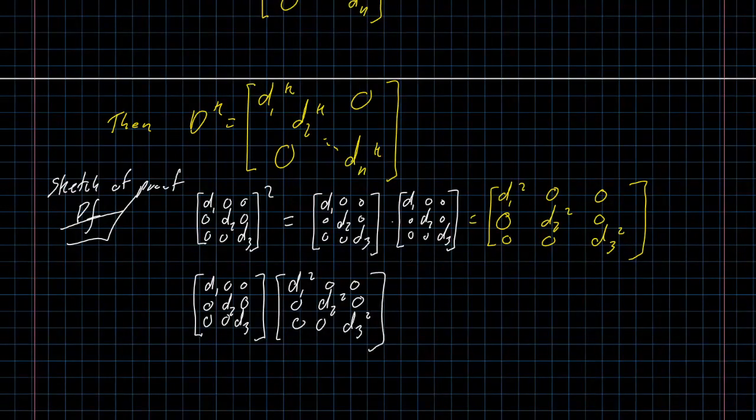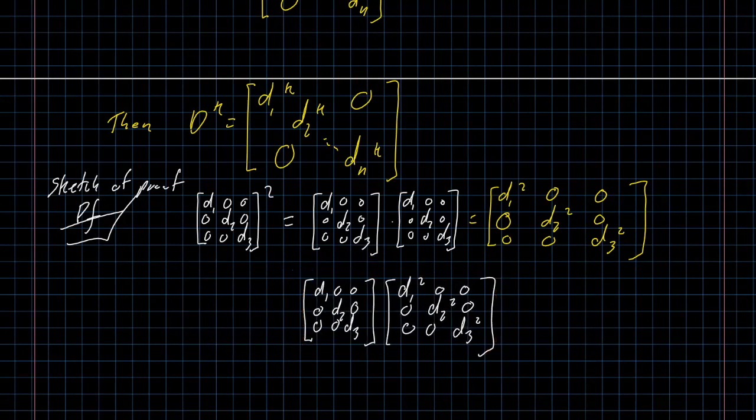And I apologize, I'm getting a little bit ahead of myself. What I want to do next is take the same diagonal matrix and cube it, which I can do by taking that matrix and multiplying it by the thing I just got by squaring it. And we can verify, right?